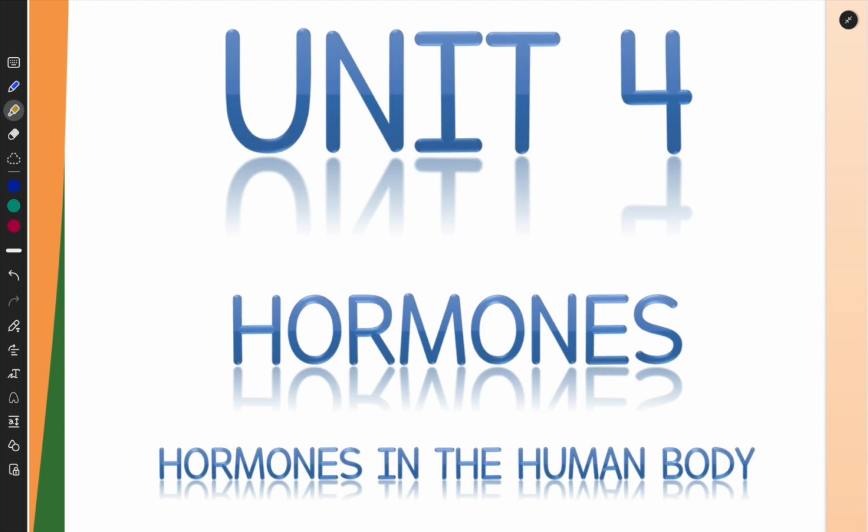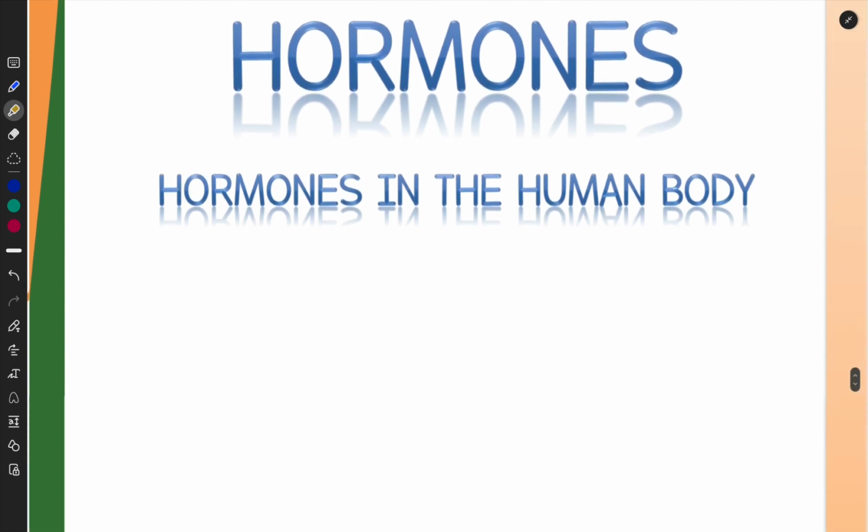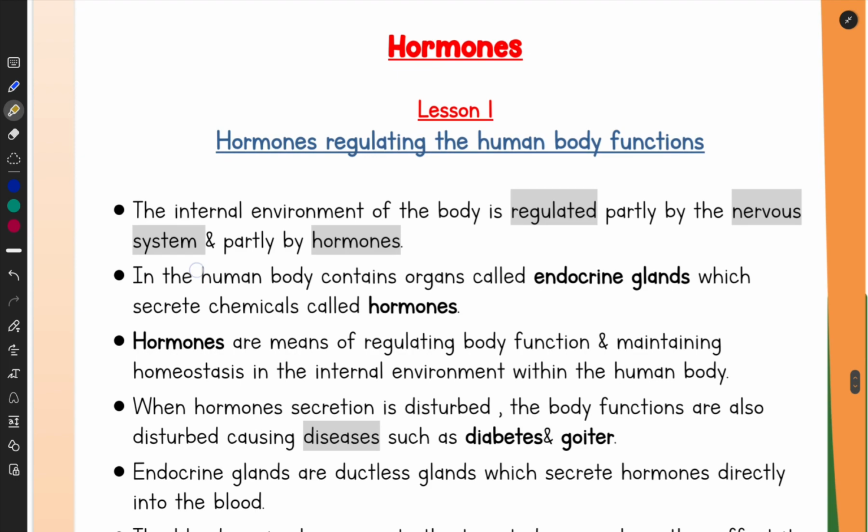This is performed by a chemical substance secreted by special cells in the body. These secretions are known as hormones. A hormone is a chemical substance or a chemical message that controls and organizes most of the vital activities and functions in the bodies of living organisms.